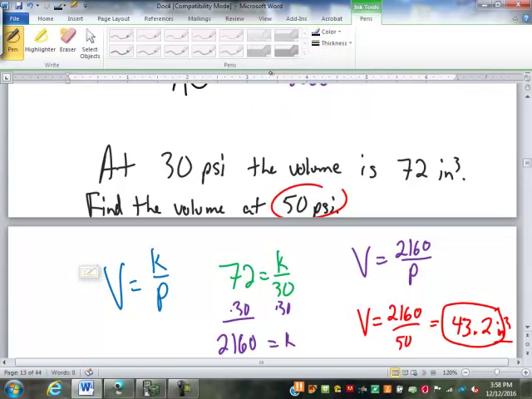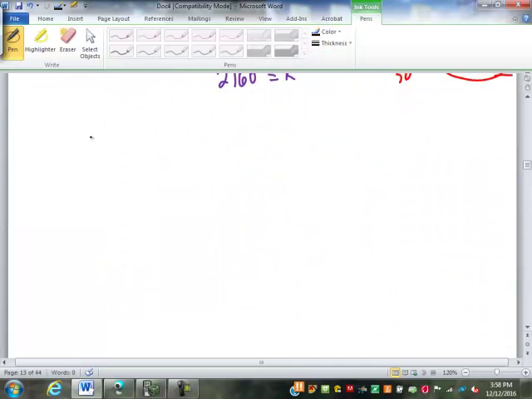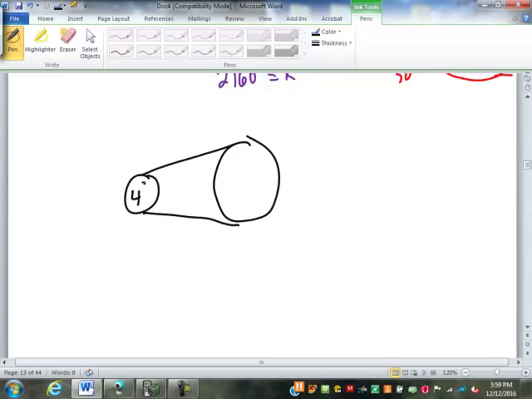Now let's take a look at a little bit more complicated system here. Pulleys. So we have here a 4-inch pulley that is turning at 1,200 RPM. And it is turning, let's say, a 16-inch pulley here.